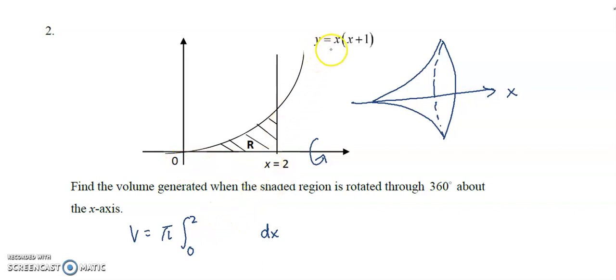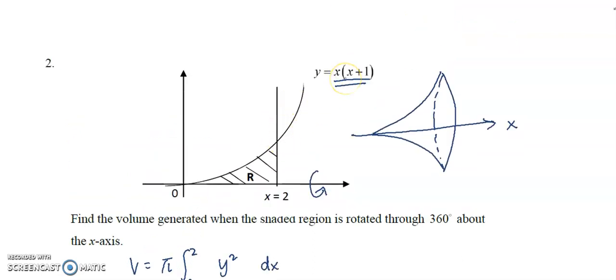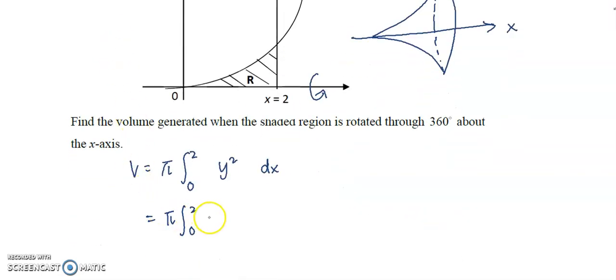And we need to put in the function of y squared. Because y equals x multiplied by x plus 1, the y squared will become x multiplied by x plus 1, squared.